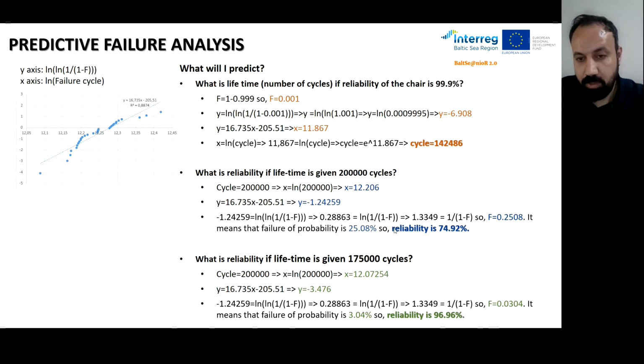If I just reduce 25,000 cycles in my lifespan or my lifetime, my reliability gets higher, by more than 20%. So they are close to each other, but the reliability gets much higher than in this value.